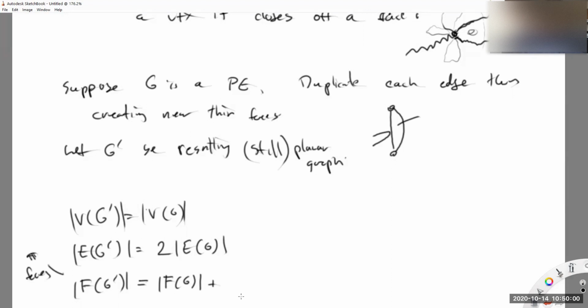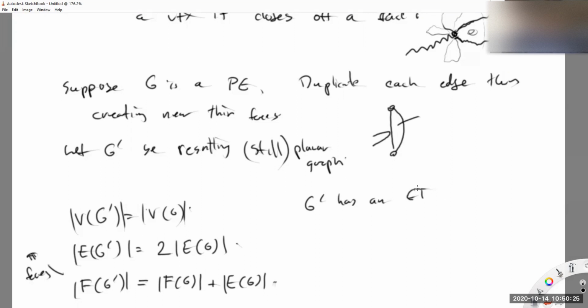But how many new faces did we get? We got 1 new face for each of the duplications. So 1 new thin face for each edge, so the number of edges of G. So this part is new. These two are the same. This is duplicated. This is altered in a slightly different way. Okay, but now G prime has an Euler tour because all degrees are even.